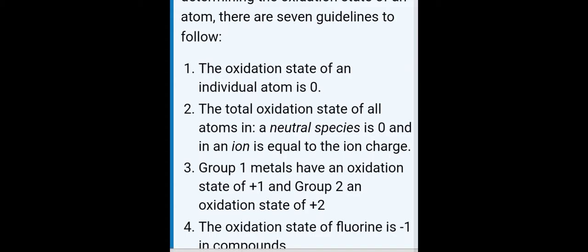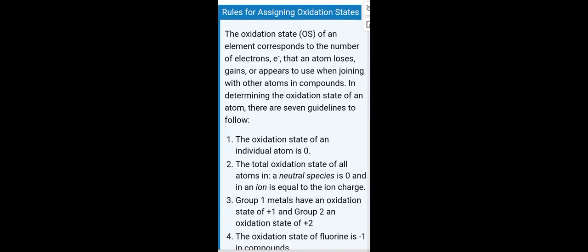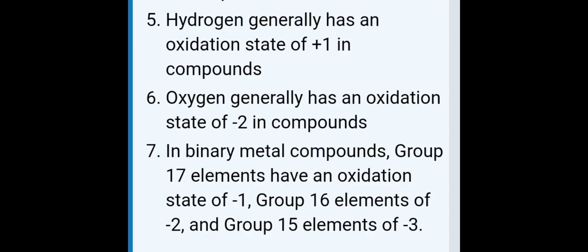The oxidation state of fluorine is -1 in a compound like HF. H is +1, so fluorine is -1.